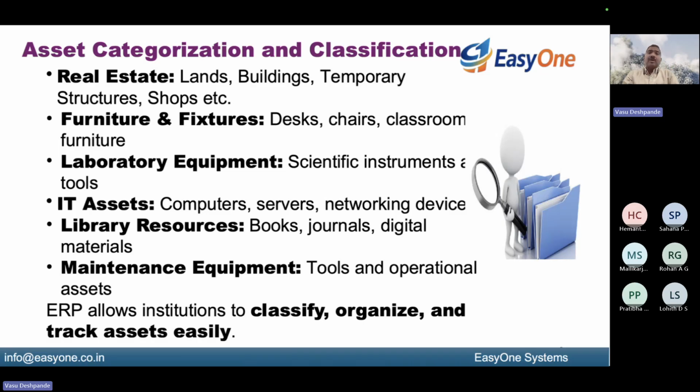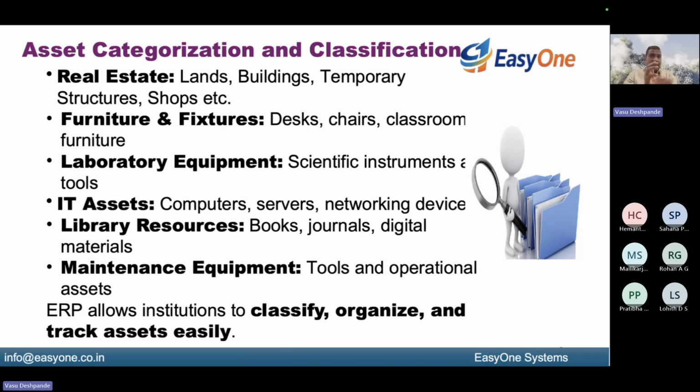And especially when you are a large organization and the number of assets runs into thousands, or otherwise even tens of thousands or lakhs of items, this kind of categorization and reporting becomes very important. And when it comes to the IT assets, the maintenance and the replacement cycle becomes even more important.